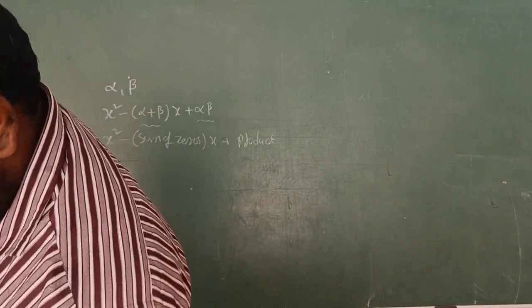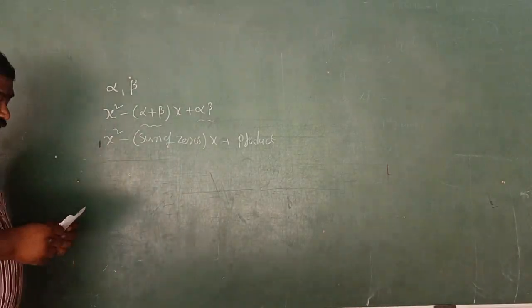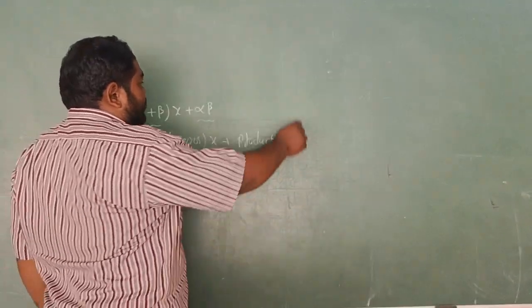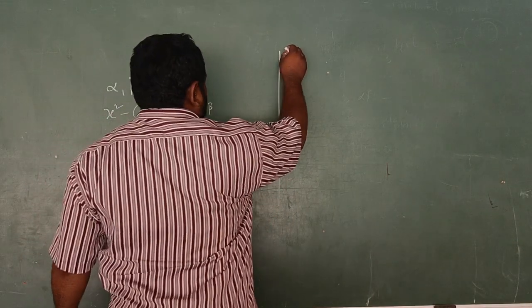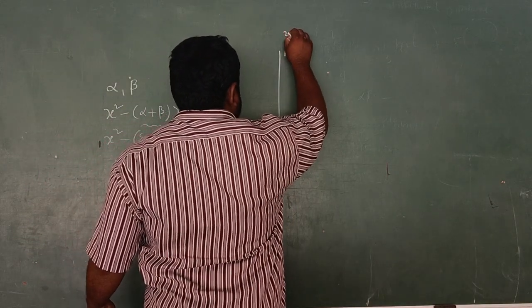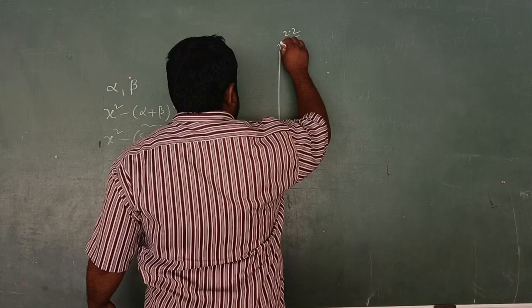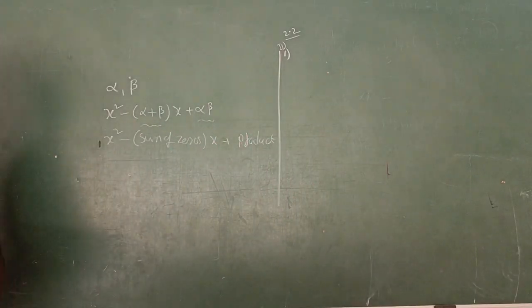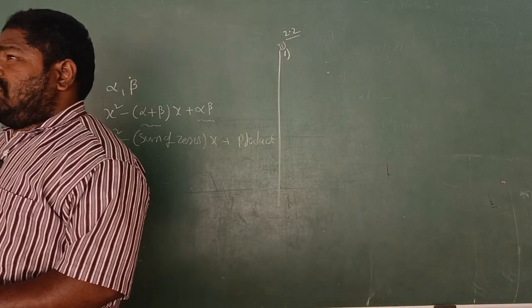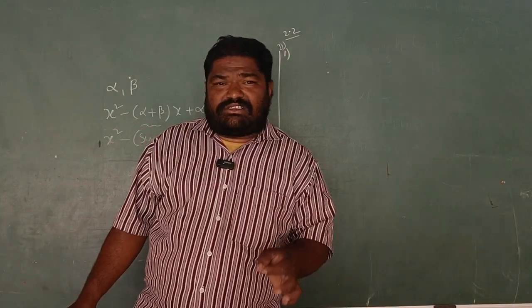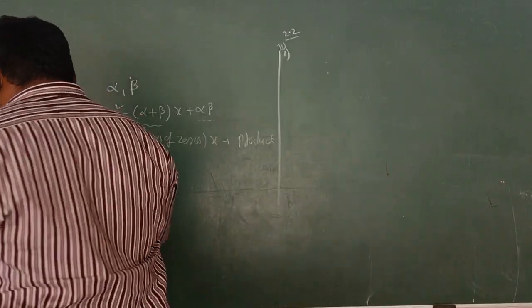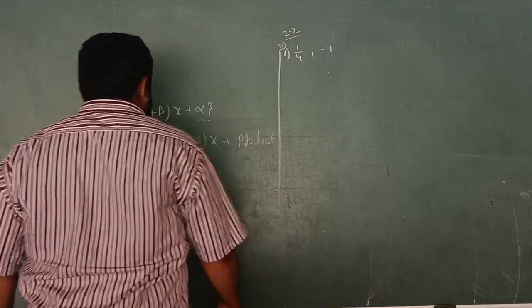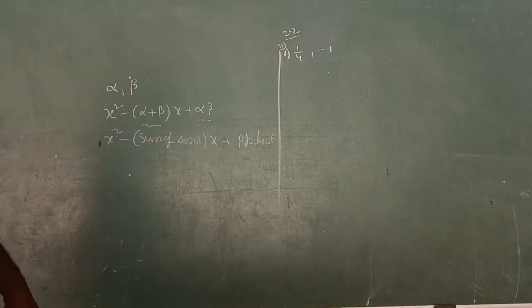The problems are: find the quadratic polynomial, the sum and product of zeros are given by. The first one is 1/4, -1.